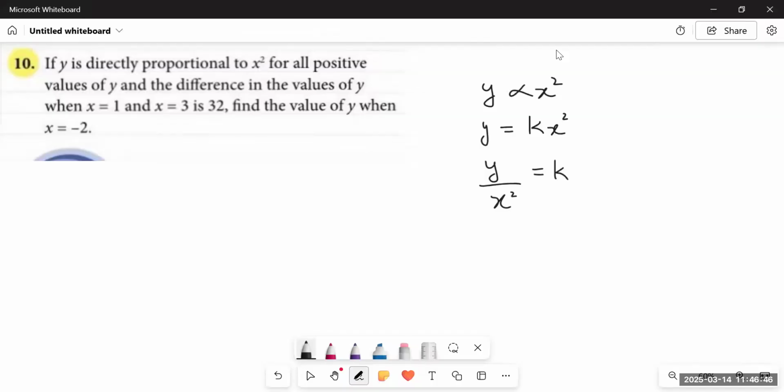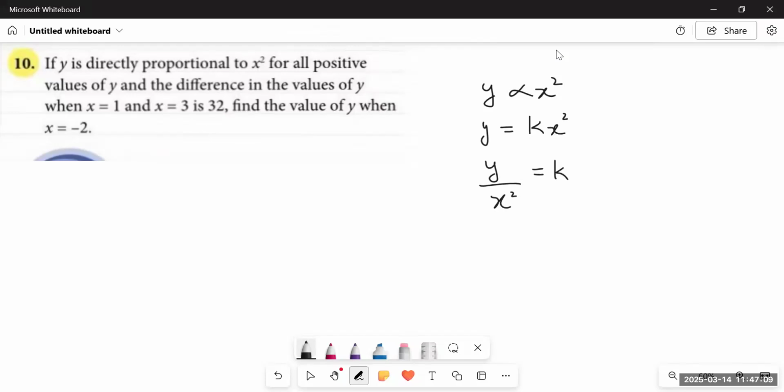Okay, so let us read the question once again and try to understand what is happening over here. It says, if y is directly proportional to x square for all positive values of y, that is, the values of y would be positive, it won't be negative, then it would be proportional to x square. And the difference in the values of y when x is equal to 1 and x is equal to 3 is 32.